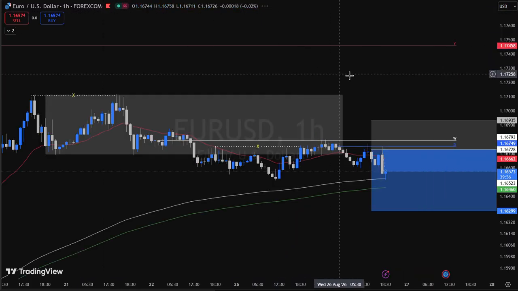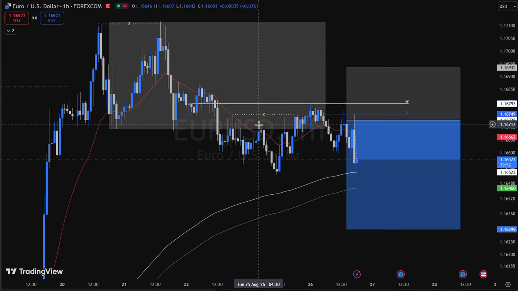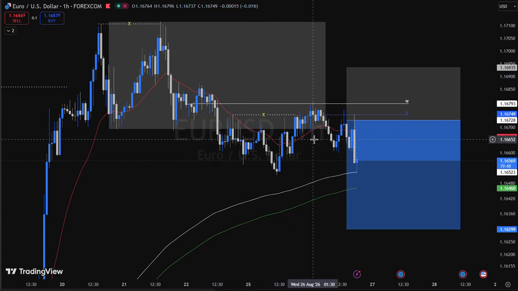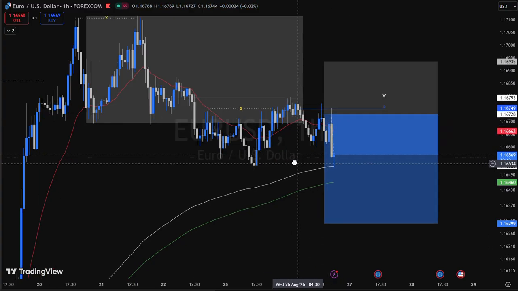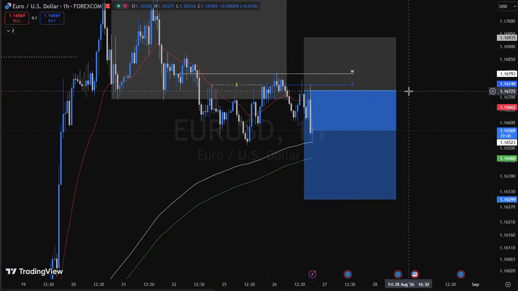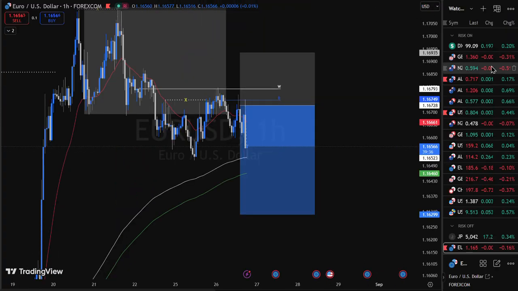But I didn't take this trade on the 4 hour. I took this trade on the 1 hourly. As you can see, on the 1 hourly the market was very sideways. But after taking this liquidity and giving us the fractal break from here, I took this trade. It is currently running in profit. It is a 1 to 2 risk to reward trade on a funded account.